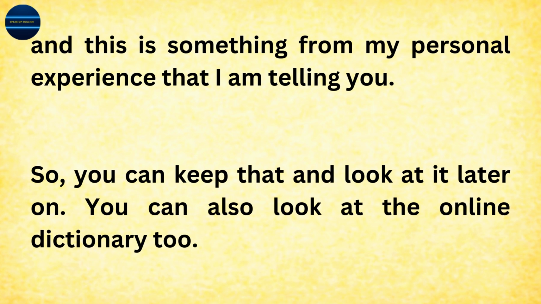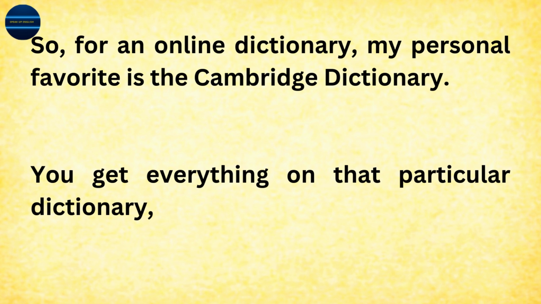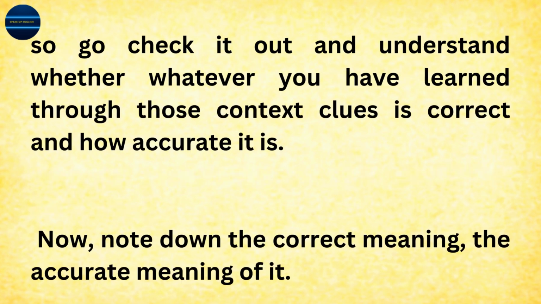You can also look at the online dictionary too. For an online dictionary, my personal favorite is the Cambridge Dictionary. You get everything on that particular dictionary, so go check it out and understand whether whatever you have learned through those context clues is correct and how accurate it is. Now, note down the correct, accurate meaning of it.